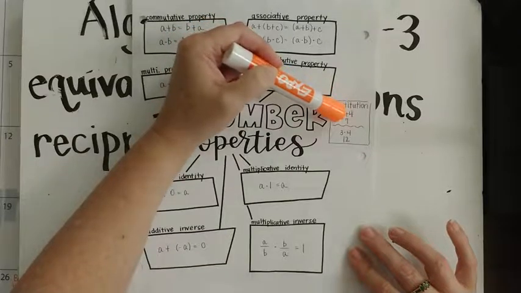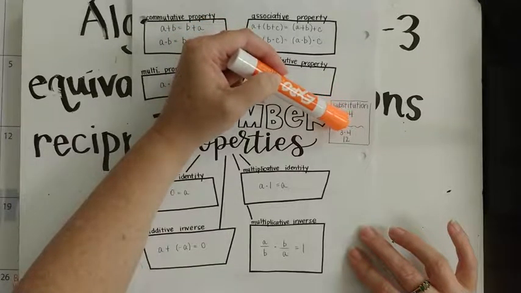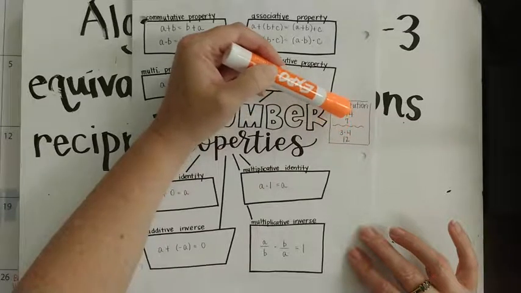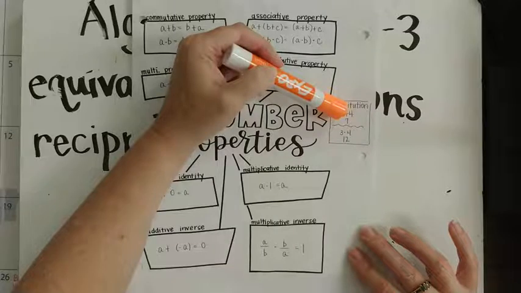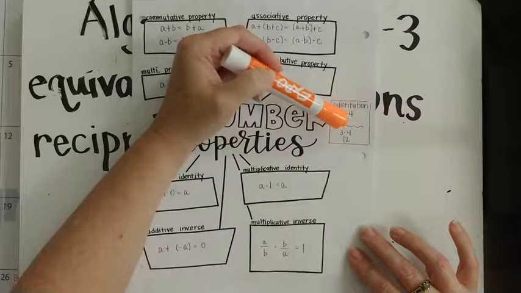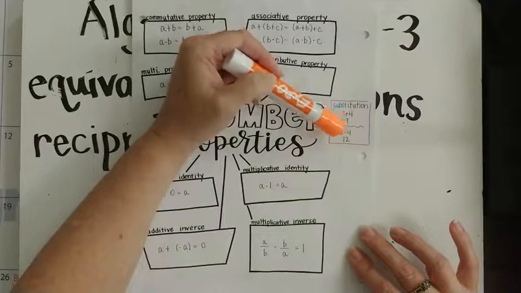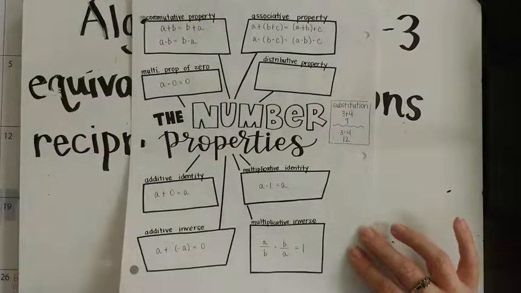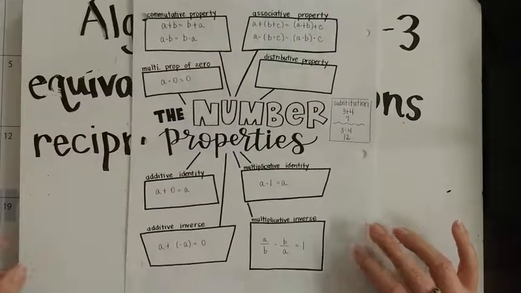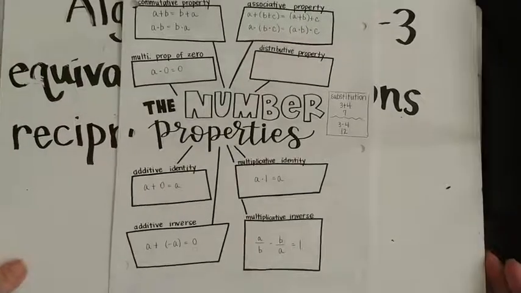If you have an expression and you simplify it onto the next line, all you've done is substituted for what that expression was. And it could be in multiplication, addition, subtraction, or division. But here are two examples, one in addition and one in multiplication. So those are some properties that we're going to be using today.